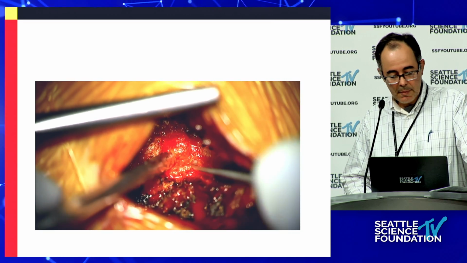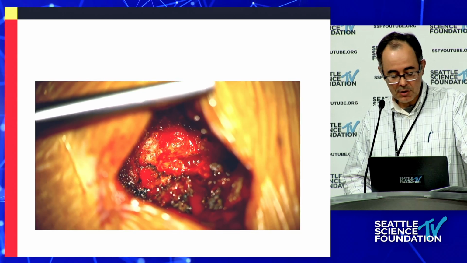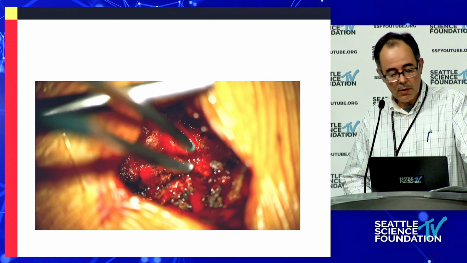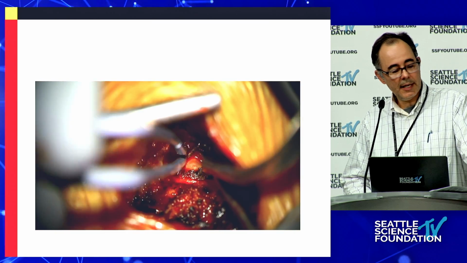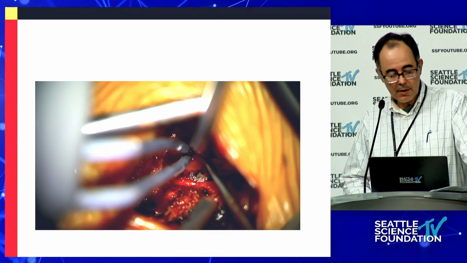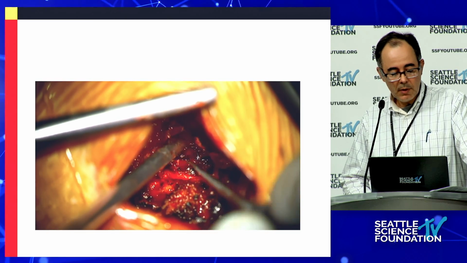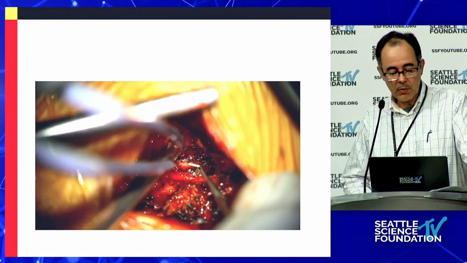And as soon as you get through the ligamentum flavum, you start to see the epidural venous plexus pop out at you. The goal is to really control that epidural venous plexus early before it starts bleeding a lot. As you can see, there is a good amount of bleeding, but you really want to get through that epidural venous plexus in order to adequately decompress that nerve root.